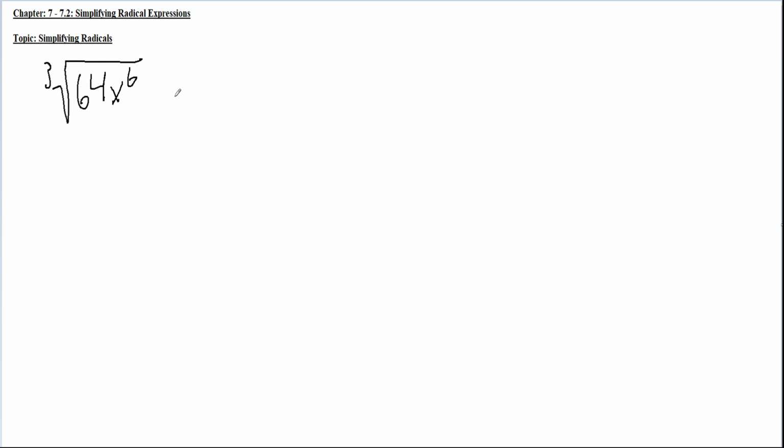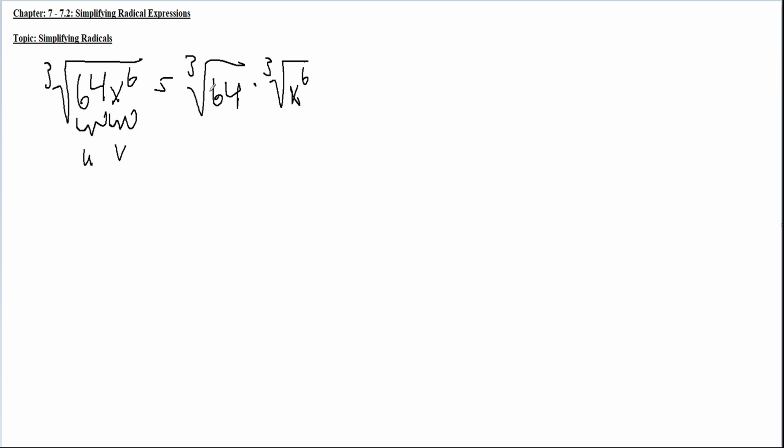Well, I would have to use the definition where I break apart my two numbers here. So if I let this be u and this be v, I get the cubic root of 64 times the cubic root of x to the 6, okay?